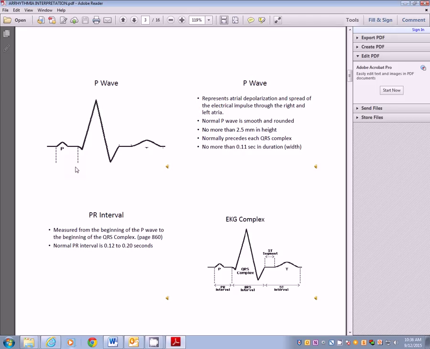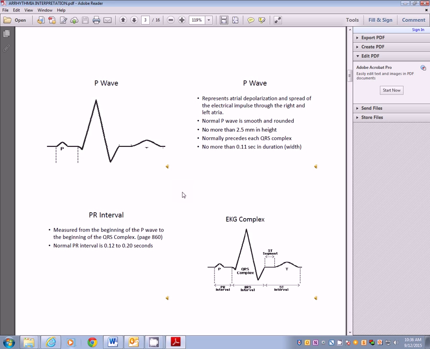It is recognized as the first upward deflection from the baseline. So the first upward deflection from your baseline is always your P wave. It resembles a small upward hill or a bump. Once completed, it returns to the EKG baseline and gets ready to be followed by the QRS complex.